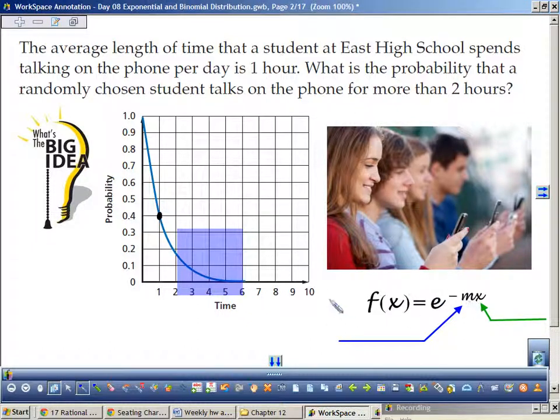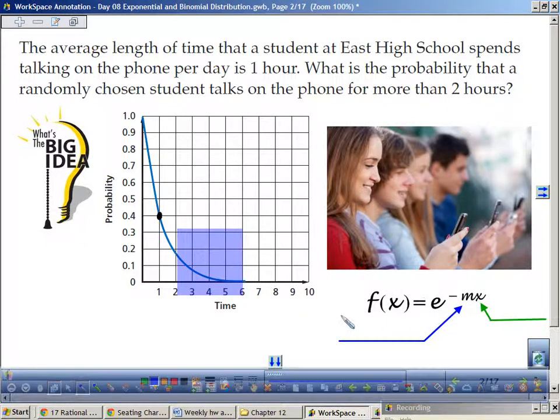So in this equation here, M stands for, it's kind of long, this is all you need to write down right here. This is the multiplicative inverse of the mean.